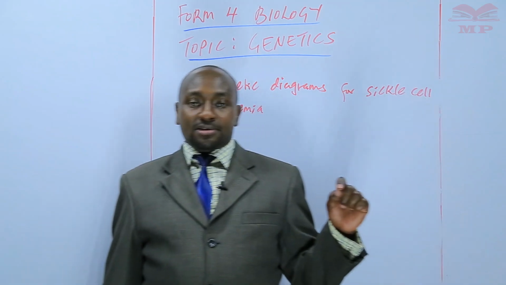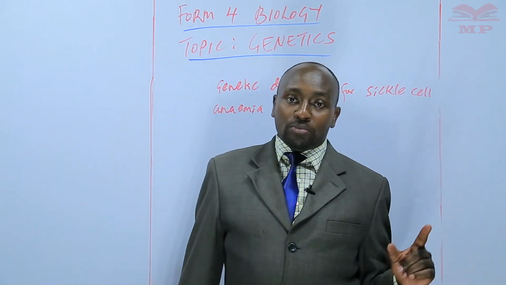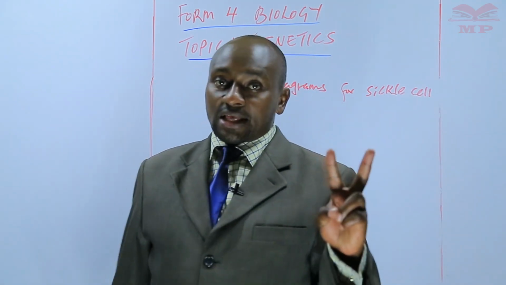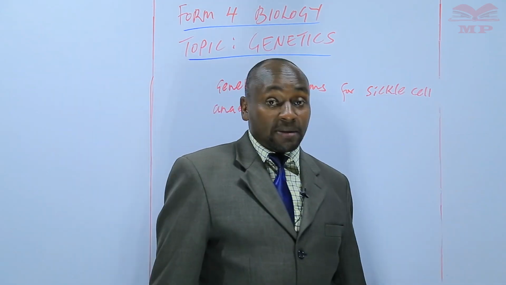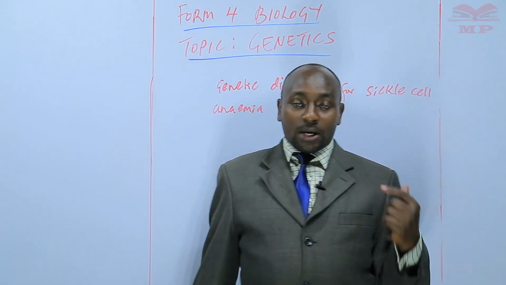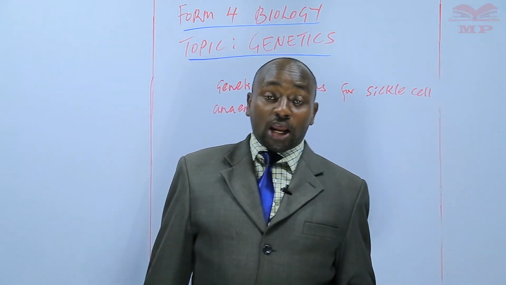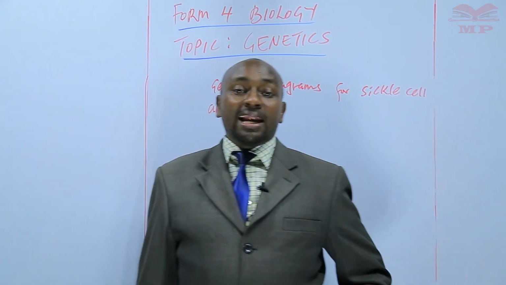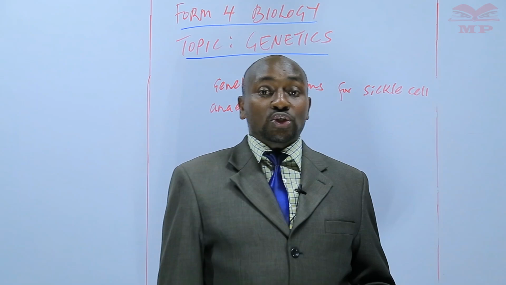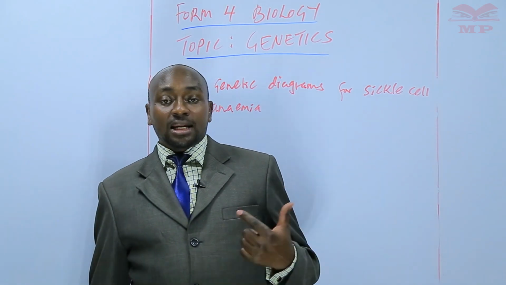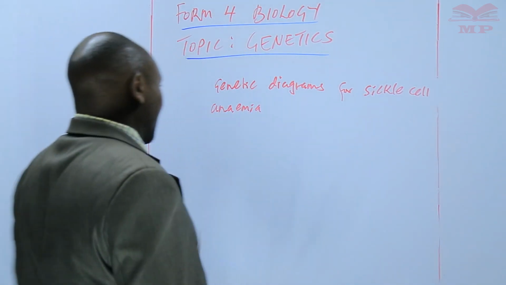Hemoglobin type S is the defective hemoglobin. So if it occurs twice, then it can lead to sickle cell anemia. But if it only occurs once and the other gene is for the normal hemoglobin, then we have a mild condition that is known as sickle cell trait.